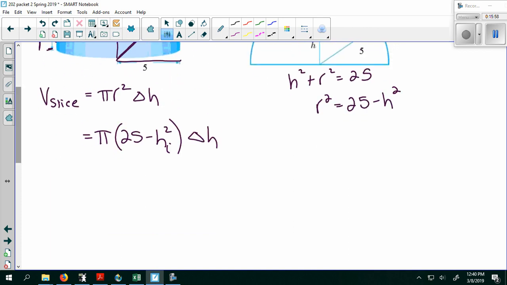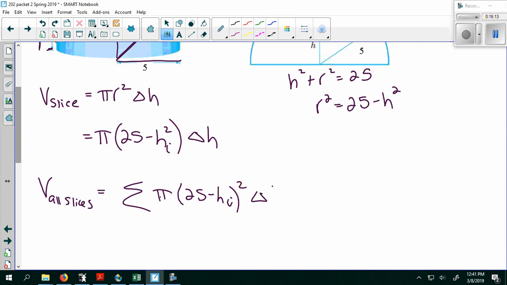Okay, so that's the volume of a single slice. So the volume of all slices is just a sum where every slice has the formula pi times 25 minus h_i squared delta h, and I'm going to add up n of them.